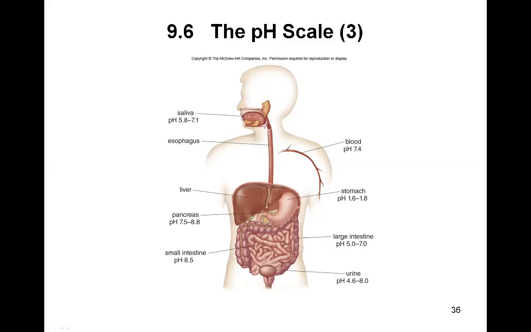And then finally, blood. Blood has a very narrowly maintained pH at 7.4. It can go from 7.35 to 7.45, but that's the widest range that would be comfortable for your health. So blood has to be maintained in that pH.